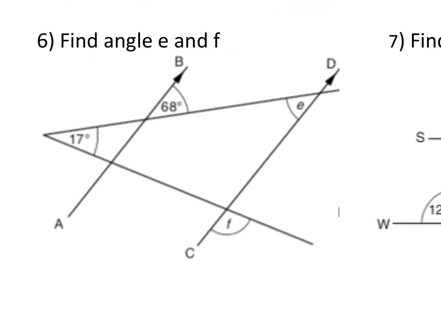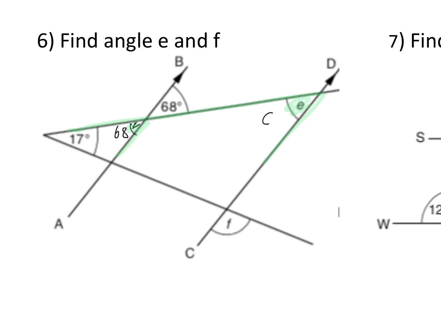Number 6. Again, like the last question, it might be best to just work out whatever you can, first of all. This angle here is vertically opposite the 68. So that angle will also be 68. And then we have another case of corresponding. So there's sort of an F shape there. 68 and the E are the same size.